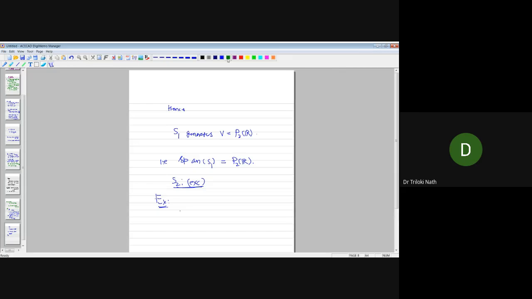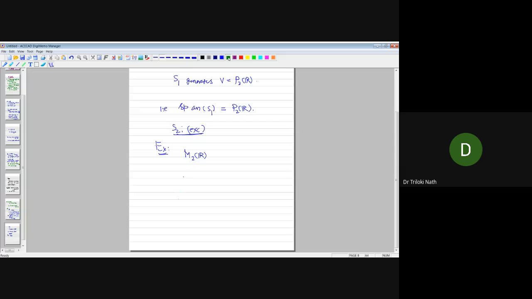So let us come to the matrix space M2R, that is, 2 cross 2 matrices. Let us take the set S. The set S is this one: 1 1 1 0, then 1 1 1 0, then 1 1 1 0, and then 0 1 1 1.